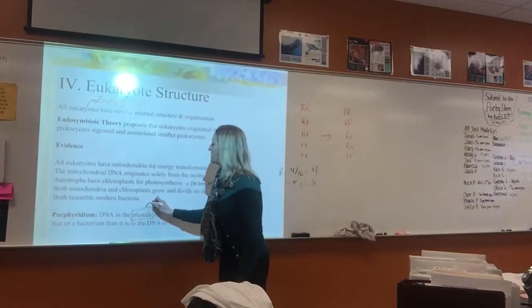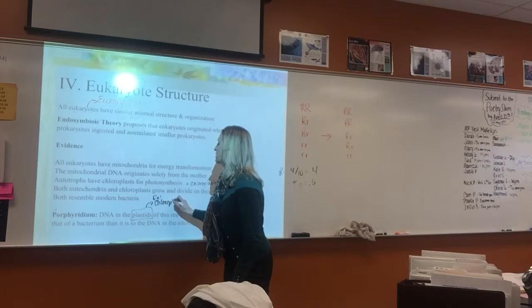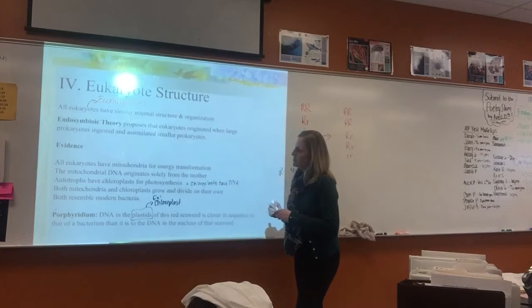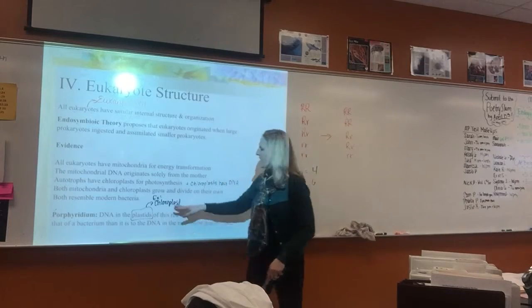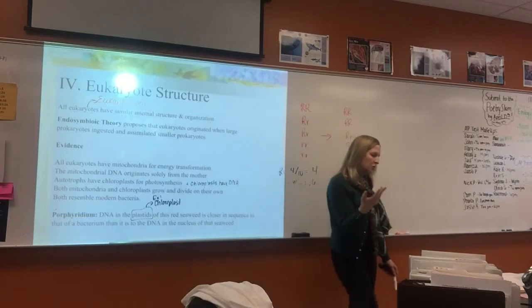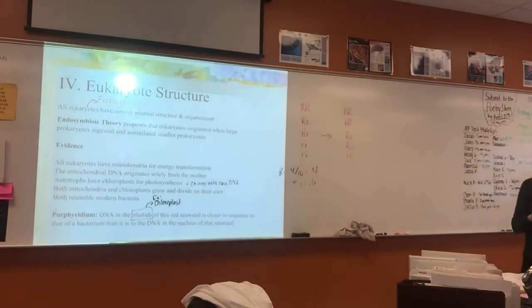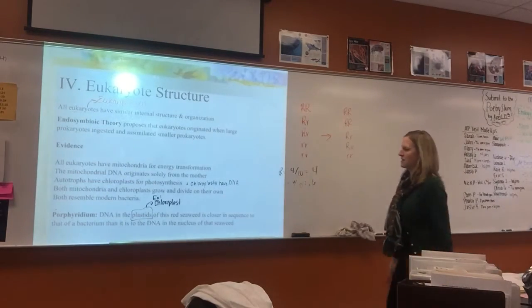There are other types of plastids. So this Porphyridium is red. It has plastids in it like chloroplasts. There's chromoplasts and all different types of plastids. I'll just stick with chloroplasts here.